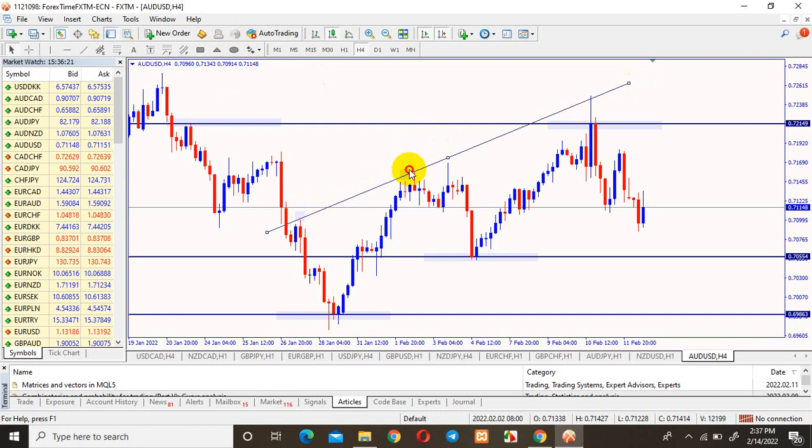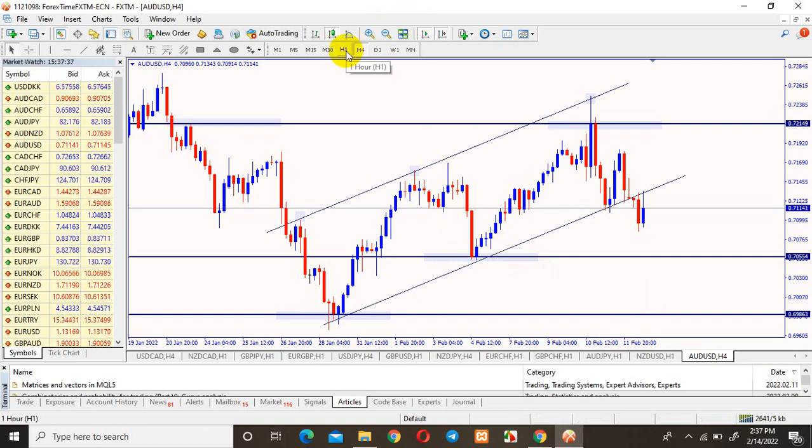We have another touch here. Closer to it, we have this. If I duplicate my line, we see that price moves in a channel. Now price has moved in a channel.